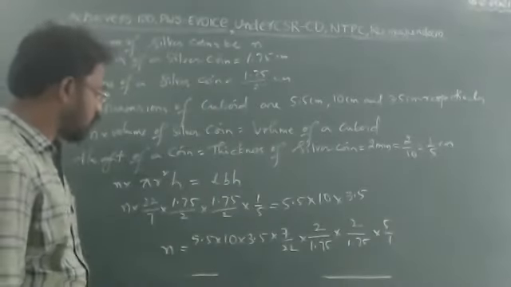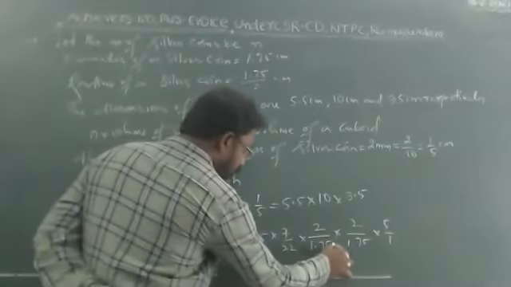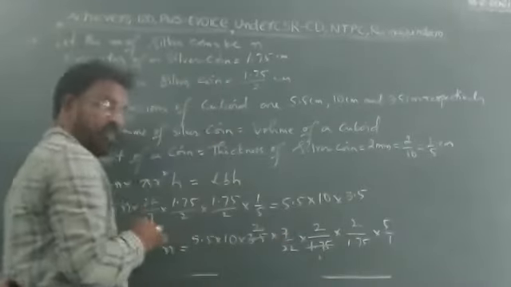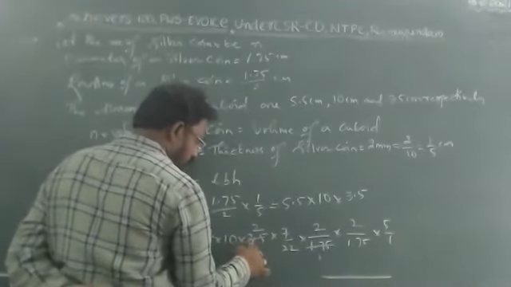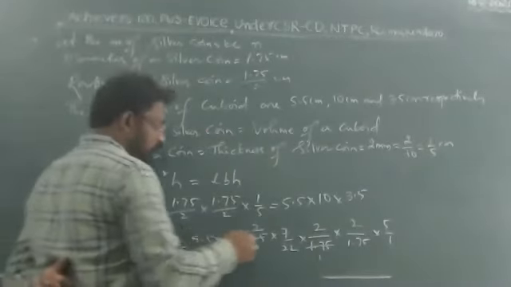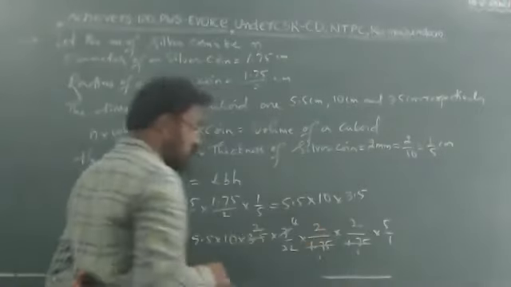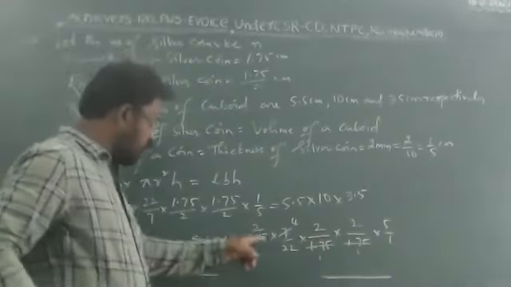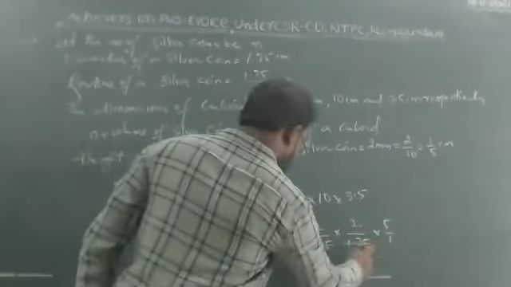Now see the calculation part very carefully. 1.75 ones are 1.75, twos are 3.5, 1.75 fours are 7.